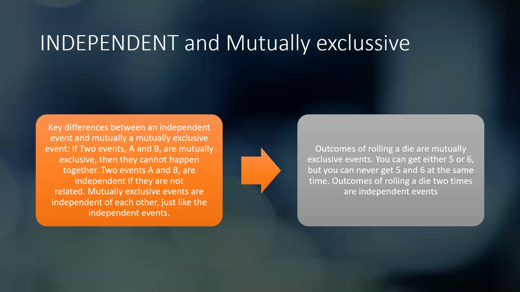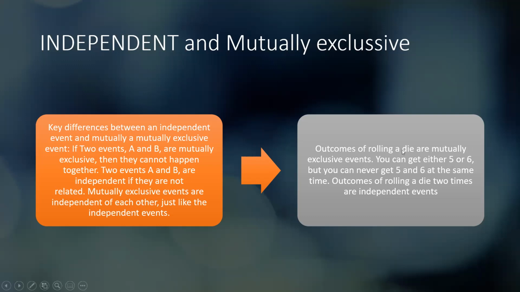But if two events A and B are independent, they are not related. Mutually exclusive events can be related, but they cannot occur simultaneously. However, independent events are not at all related to each other, hence we call them independent. So this is the minor difference.